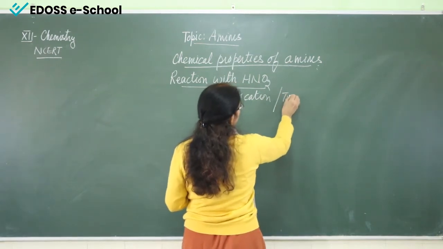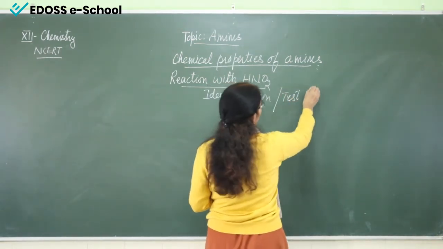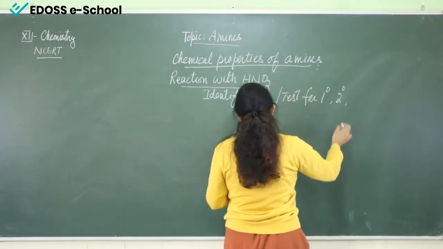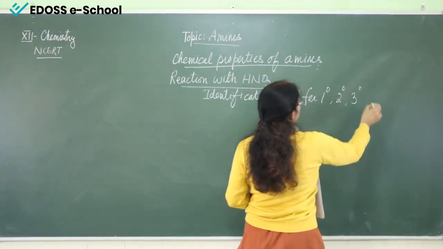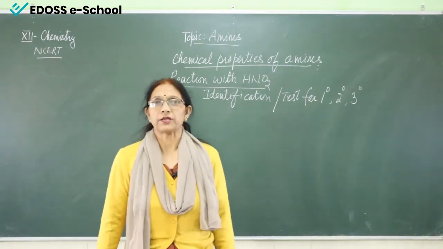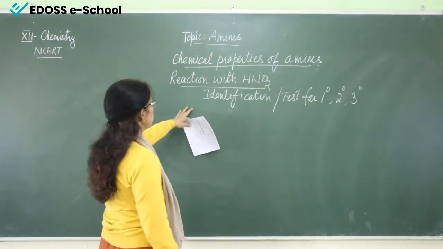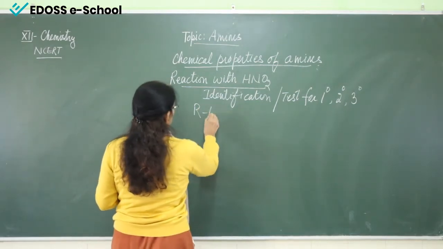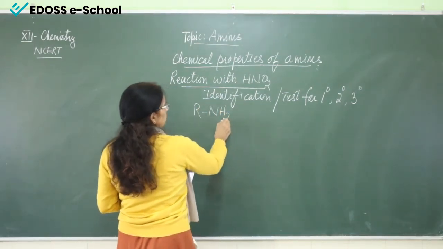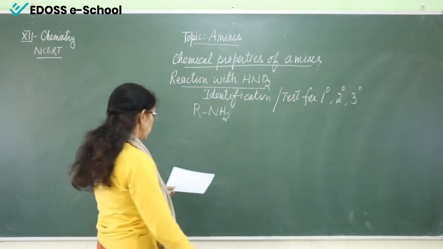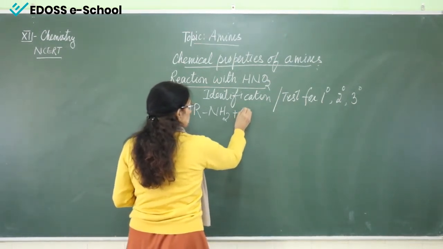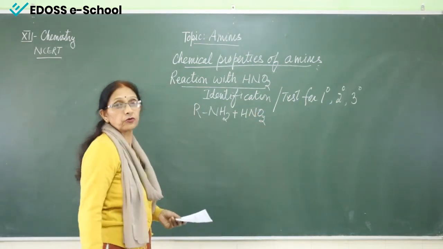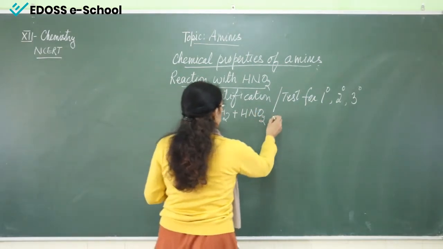Or we can say this is a test for primary, secondary and tertiary amines. Okay, now what's the test? First of all, this is primary amine. Now if primary amine reacts with nitrous acid, HNO2, what will happen?